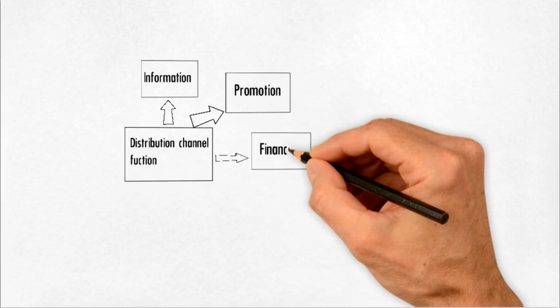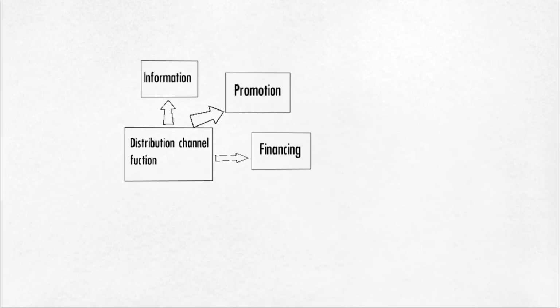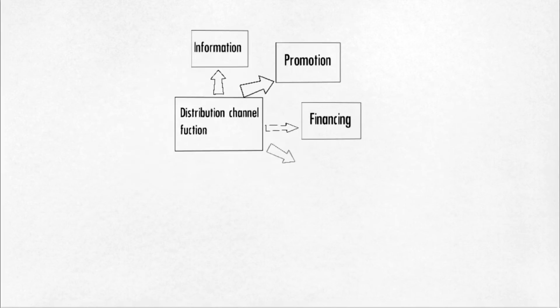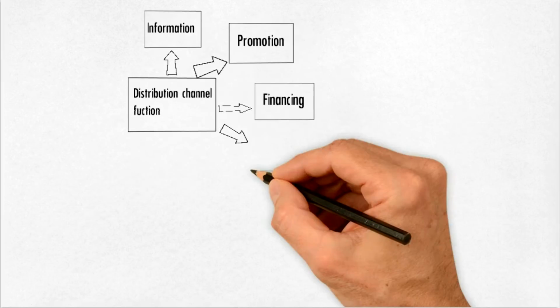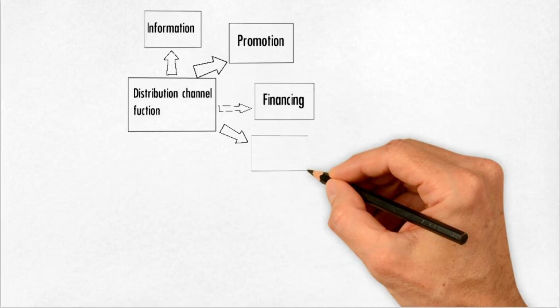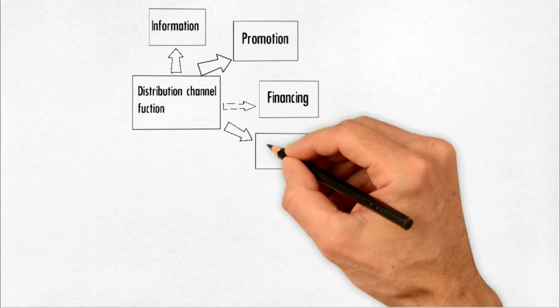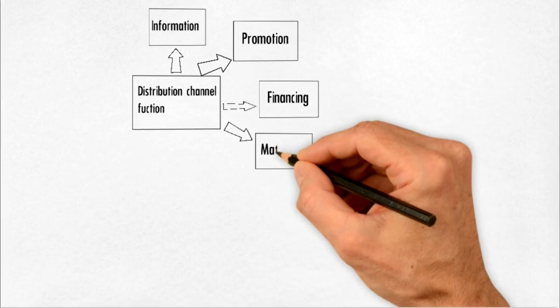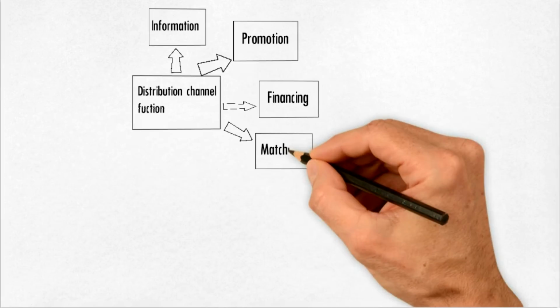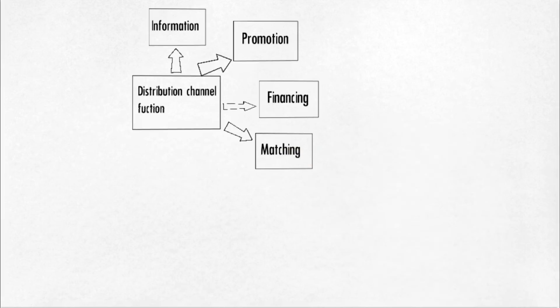Financing basically involves acquisition and allocation of funds to cover costs of the distribution channel in a cost effective manner. Matching is to adjust the offers to suit a buyer's needs, including grading, assembling, and packaging.